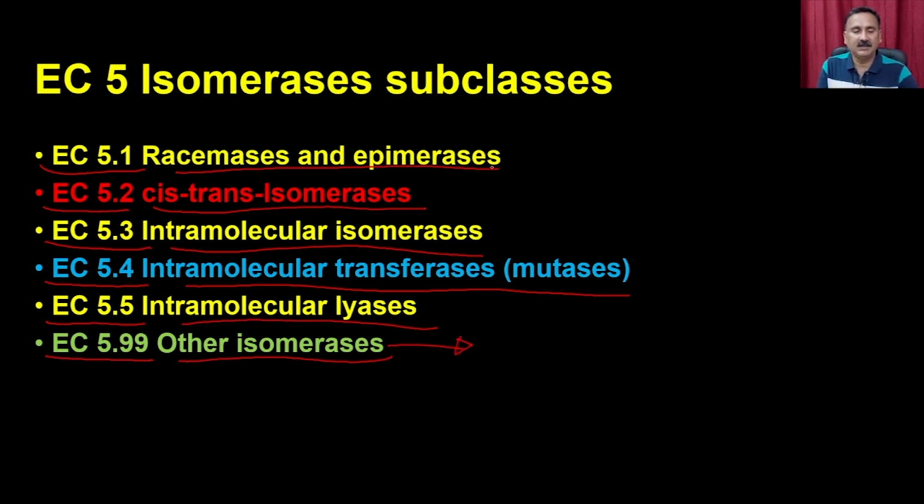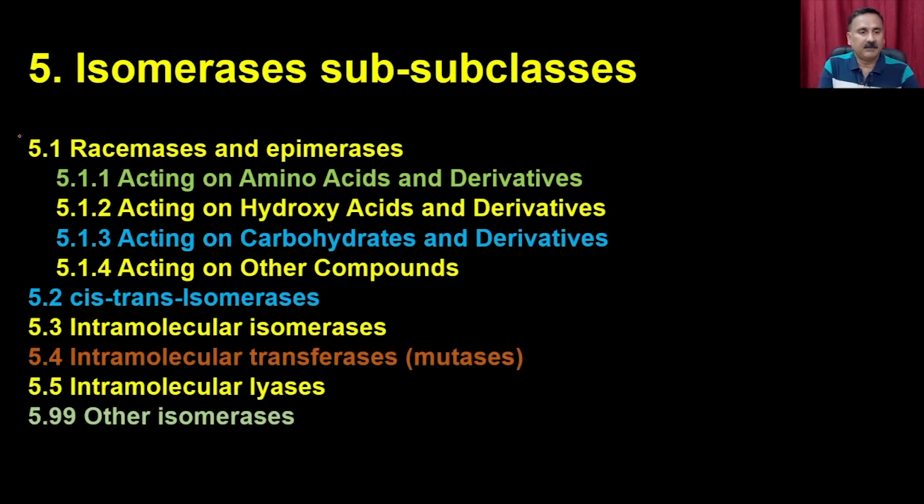So what you see here is that all these subgroups are catalyzing different types of isomerization, whether it is racemization, epimerization, cis-trans isomerization, and so on. And all these subclasses are further classified. For example, 5.1 is catalyzed by racemases and epimerases.